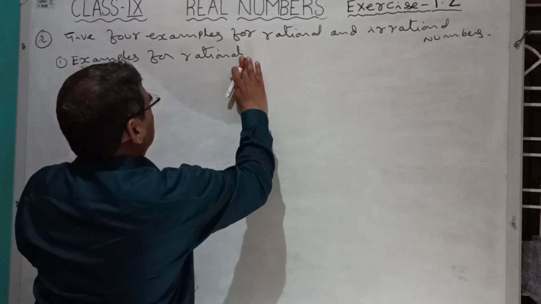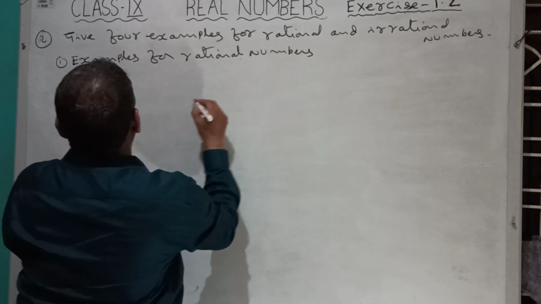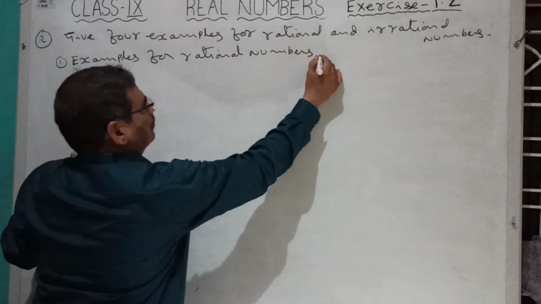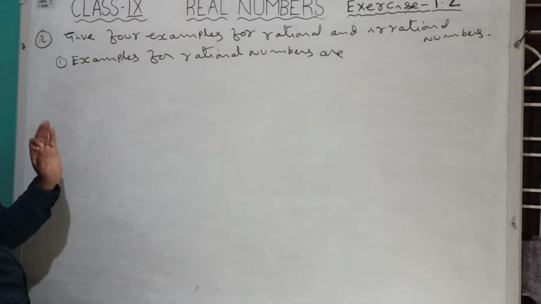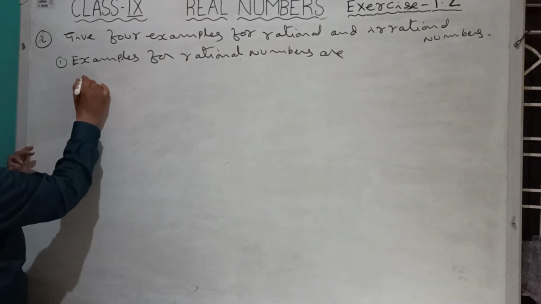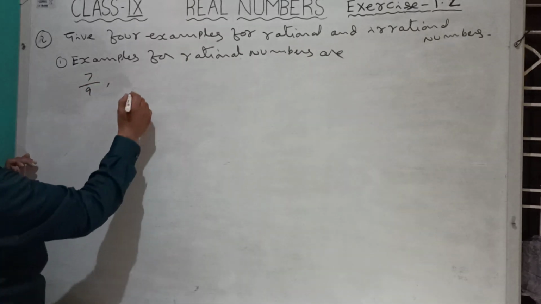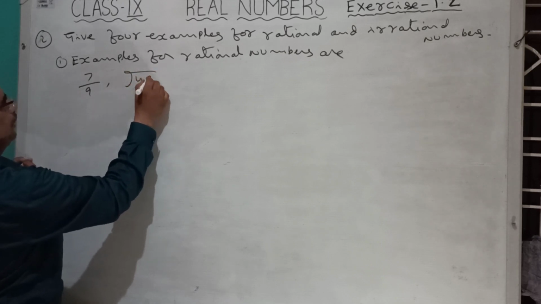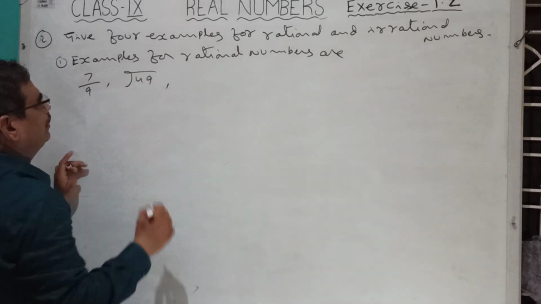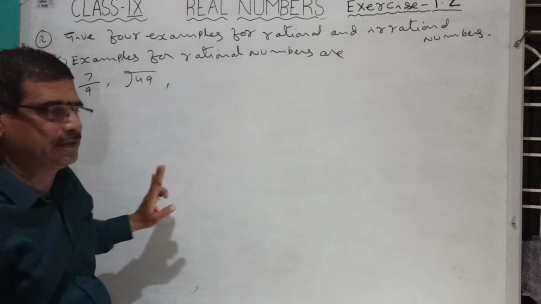Rational numbers are, for rational number means we can write in P by Q form. 7 by 9, root 49, and for rational number, so ending number in decimal, ending number will be there.